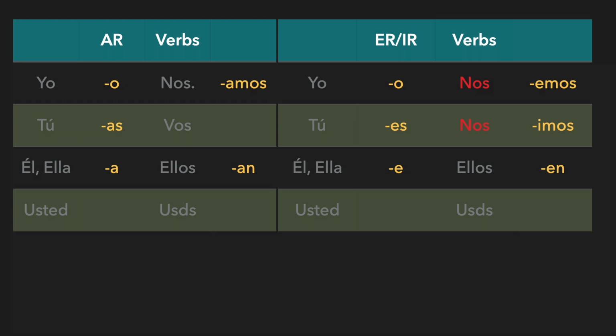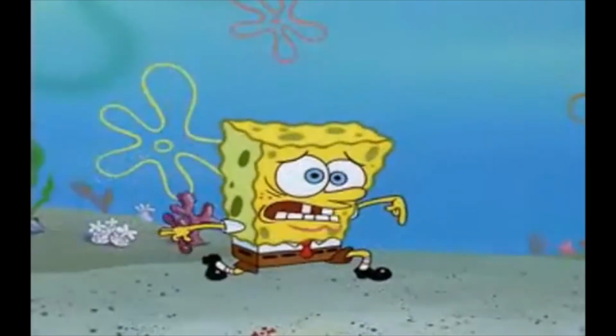AS is for AR. ES is for ER, IR. And then you have E, EMOS for an ER, IMOS for an IR, and EN. It is just a pattern. Just remember the pattern. You cannot forget these pronouns and this pattern. Stomp on your right foot, don't forget it!